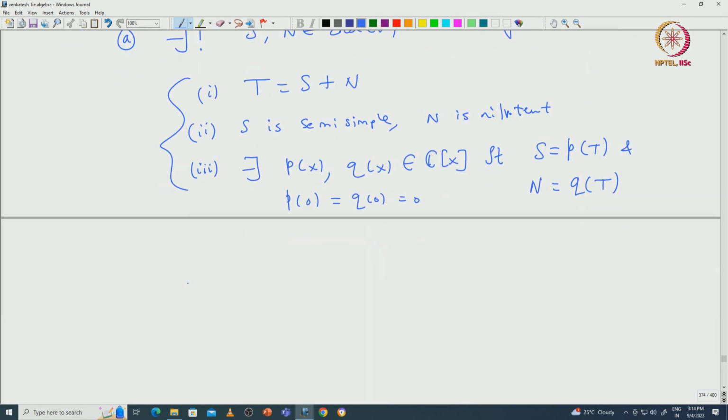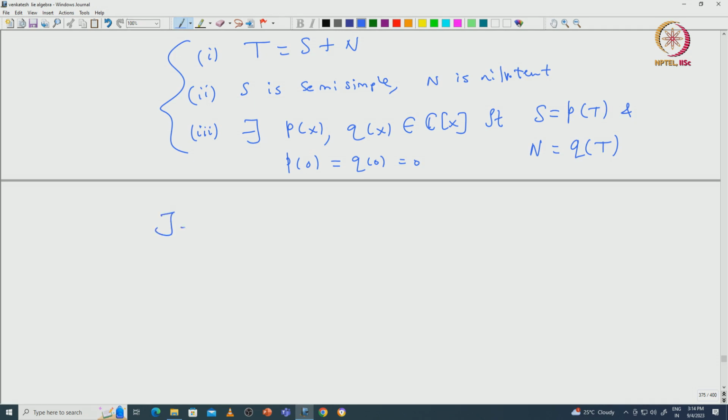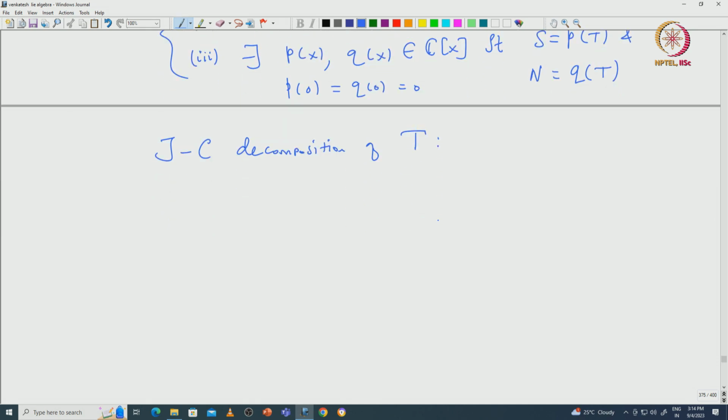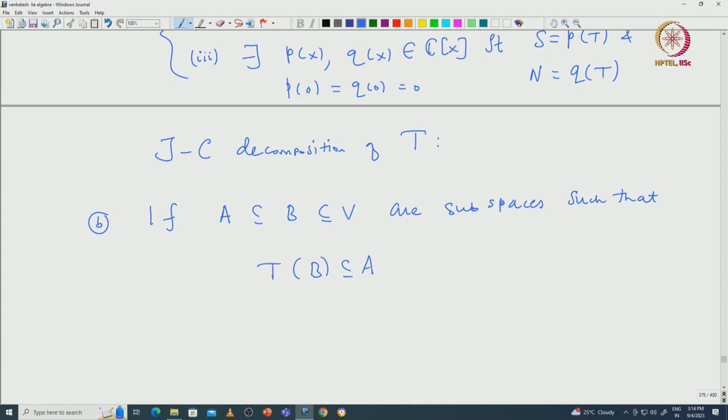That kind of decomposition we call the Jordan-Chevalley decomposition of this capital T. Now once we have this decomposition, it is clear that if we have subspaces, let us say A is contained in B, B is contained in V, such that T maps B to A, then we can immediately conclude S and N both map B to A. So, S of B is mapped to A and N of B is also mapped to A. Why?